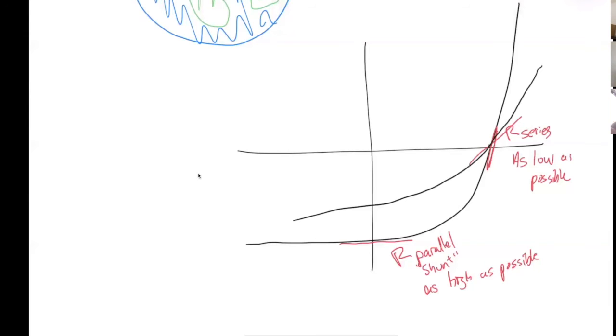Similarly, if your shunt resistance is degraded, so it's lower than you want it to be, then all of a sudden your photovoltaic curve trajectory is more like this. And again, your fill factor goes down, and then your open circuit voltage can no longer be its maximum amount. So what are the characteristics that give rise to a series resistance or a shunt resistance?